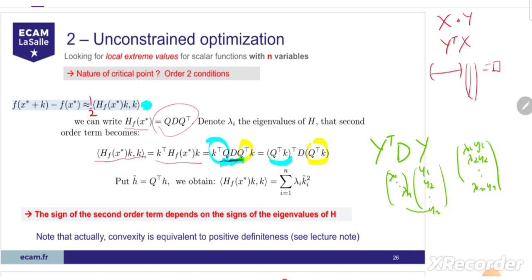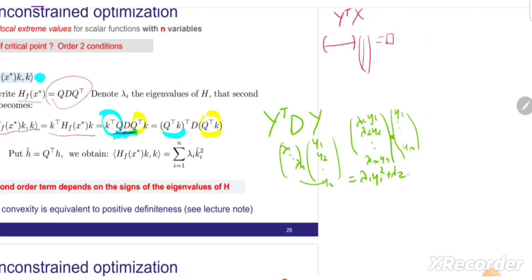And we take the dot product with Y1 to Yn, and that's making lambda 1 Y1 squared plus lambda 2 Y2 squared plus etc., lambda n Yn squared. So this is it.